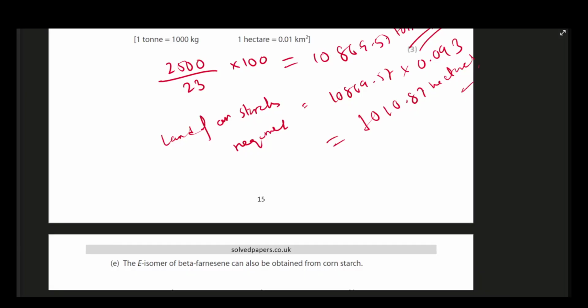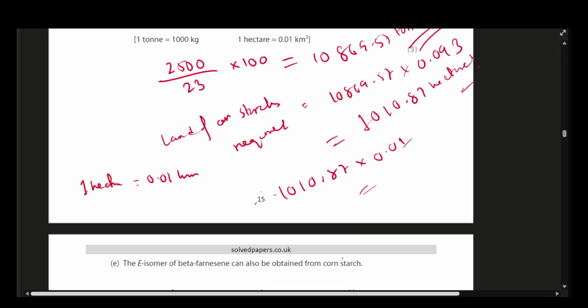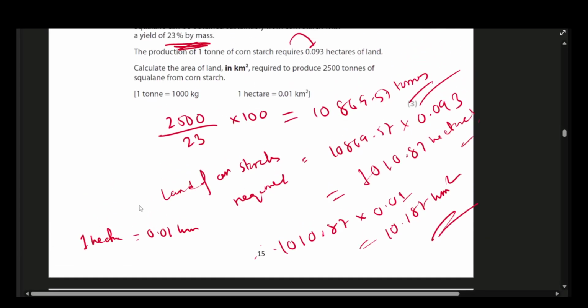The next part is that we need to convert the land area from hectares to square kilometers. You know that 1 hectare is equal to 0.01 square kilometer. So 1010.87 multiplied by 0.01, eventually you get about 10.1087 square kilometers. That is the answer.